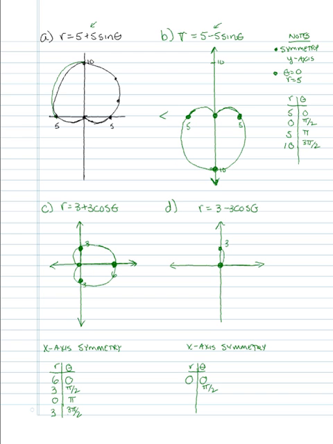Now, when we have a theta value of pi, then cosine of pi is -1. So we have 3 minus 3 times -1, or actually 3 plus 3, or 6. So it's when we're talking about this angle to the left that we get our biggest r value, which is 6. So we are putting that point in.